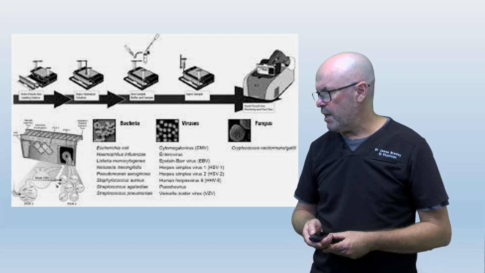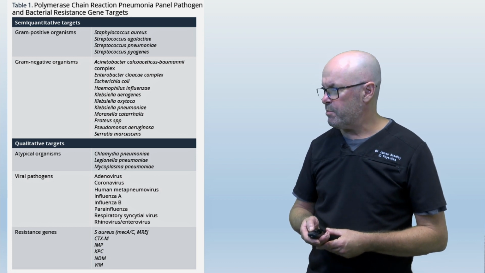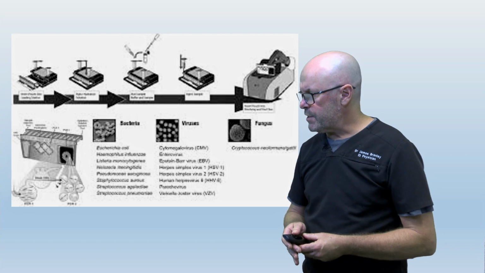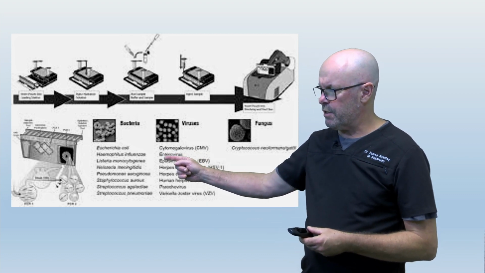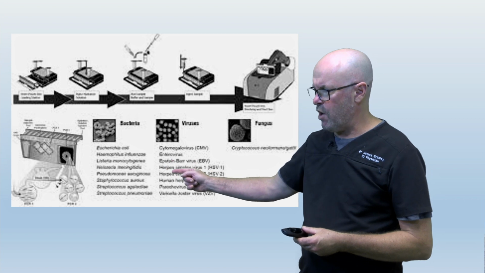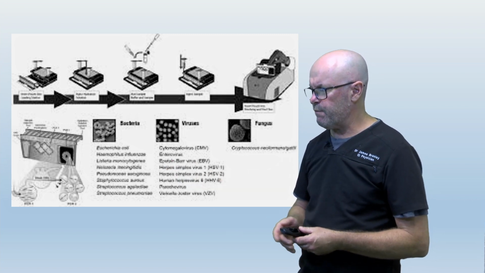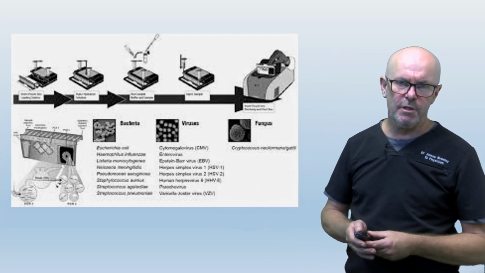It does enable a large amount of organisms to be looked for simultaneously. This panel down here shows that there's a range of bacterial and viral pathogens in CSF, and in this case there's 14 pathogens in CSF that can be looked for simultaneously.